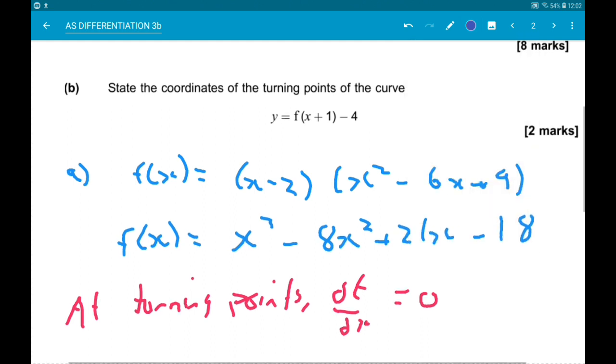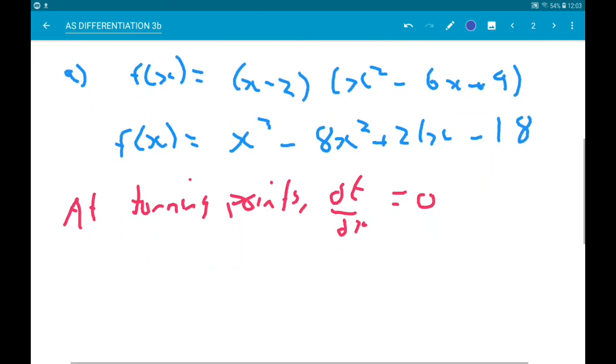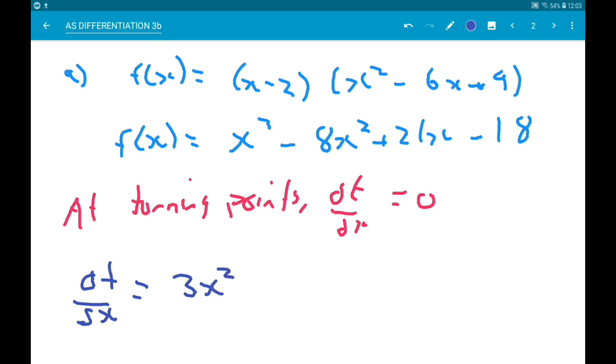So next we need to find df by dx. So that is gonna be 3x squared minus 16x plus 21. Okay, so now we're gonna set that equal to 0.